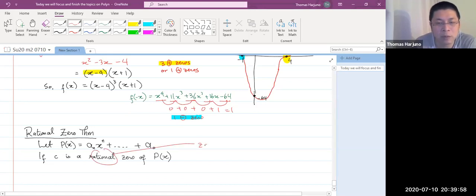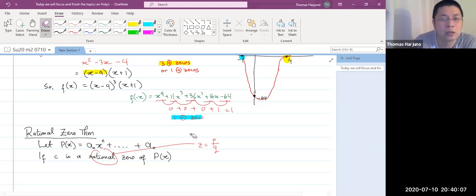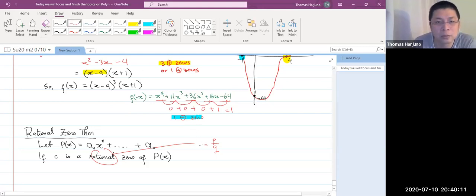So c can be written as p over q. I don't want to use that Z, I want to use c, because it's rational, meaning you can write it as a fraction.